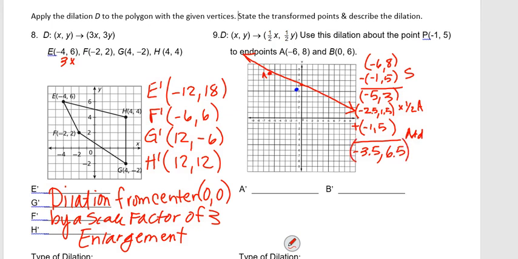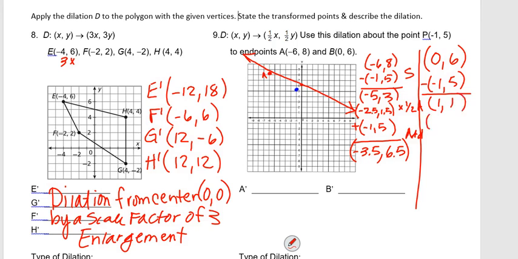So then we're going to do this other point over here, which is going to be 0, 6. Same process again. So we are subtracting our negative 1, 5. We're going to get 1, 1. We're going to multiply that by our 1/2.